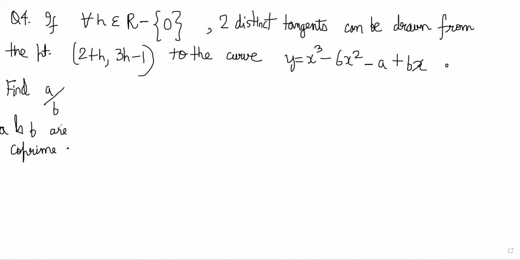If for all h, where h is real numbers except 0, two distinct tangents can be drawn from this point to the curve, then find a by b. Two tangents can be drawn from this point to the curve.